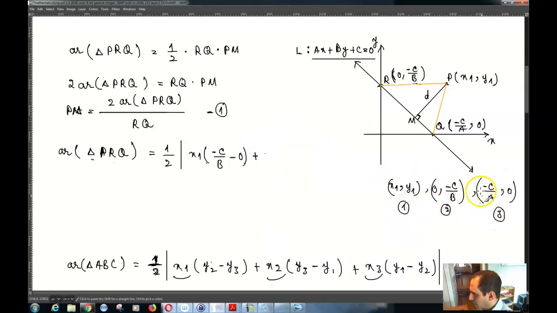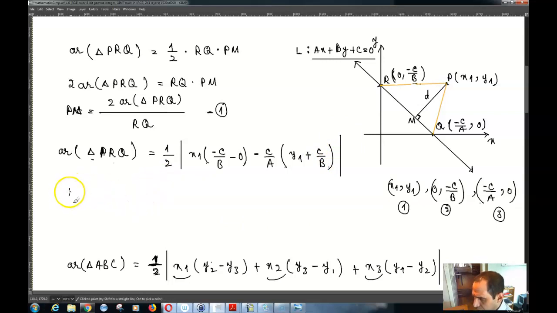And x3 is equal to negative c by a. So I write this as negative c by a times (y1 minus y2). So that's y1 minus negative c by b, which becomes y1 plus c by b.